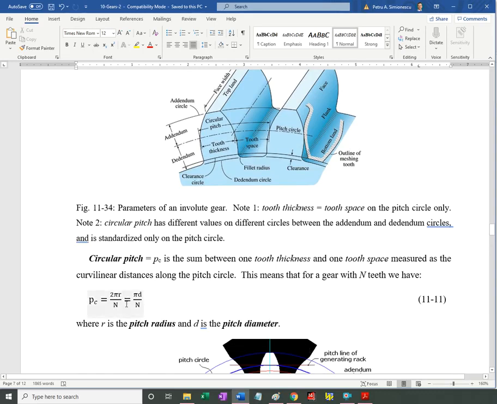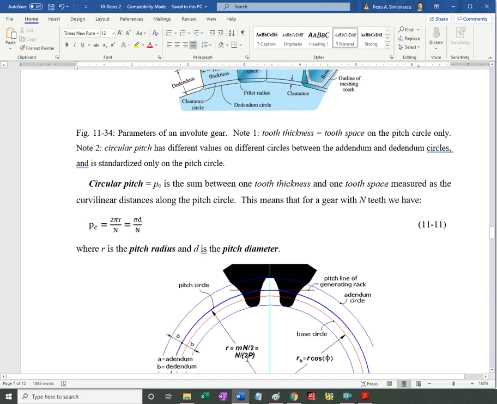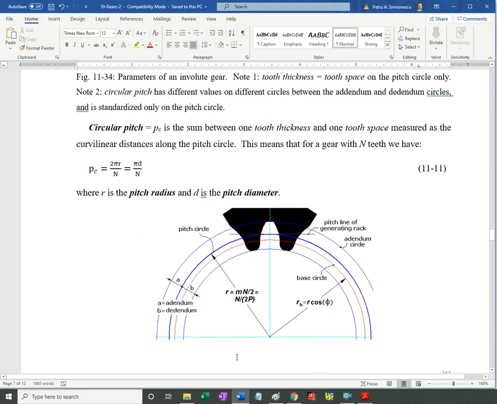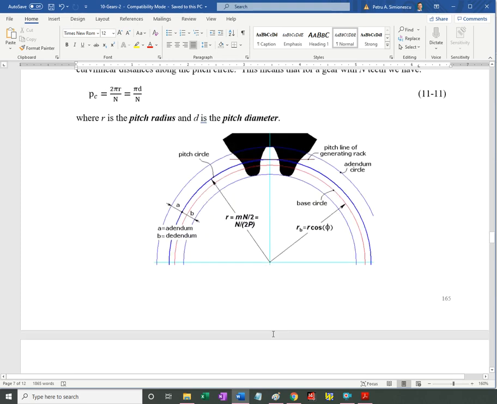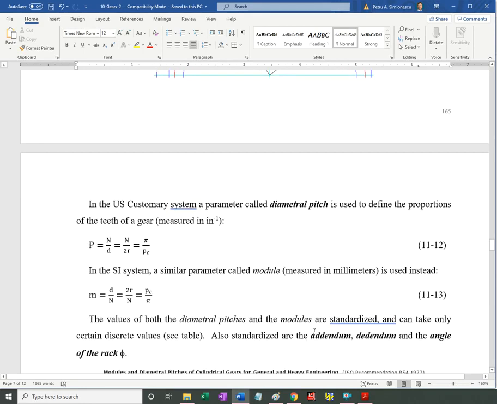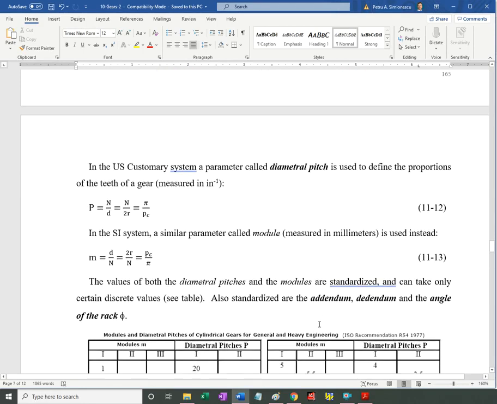Whole depth is the sum of addendum and dedendum. We discussed what circular pitch is, and it's essentially the circumference of the pitch circle divided by the number of teeth. In order to standardize the proportions of the tooth, and to mesh two gears, they need to have the same circular pitch.